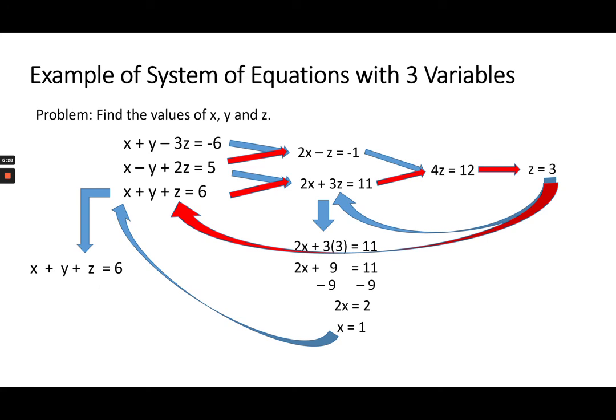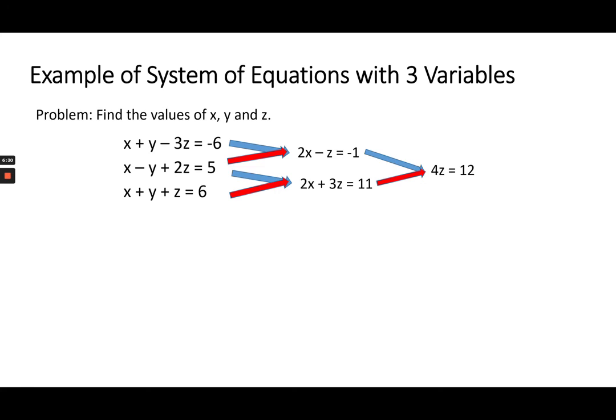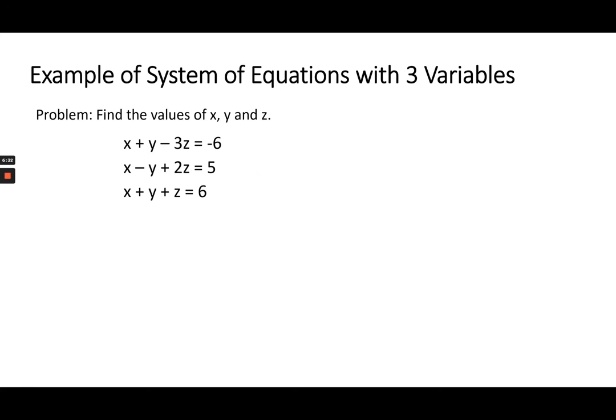Let's review from the top. Again, the first strategy is to determine which variable you are going to eliminate by addition or subtraction. If nothing will be eliminated, it means you need to multiply so that the coefficients match. You can rearrange them so that you can follow this pattern.